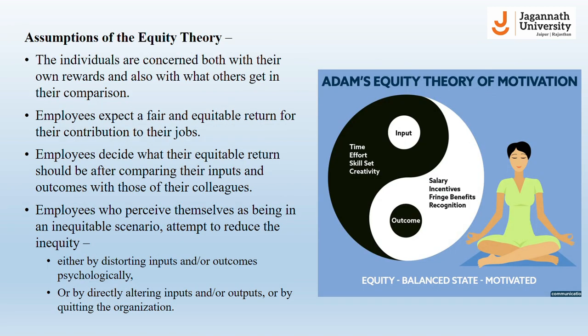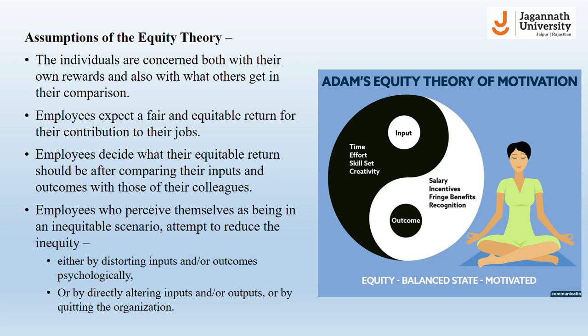Then there are certain assumptions of the equity theory. So what are those assumptions? Individuals are concerned both with their own rewards and also with what others get in their comparison. The next assumption is that employees expect a fair and equitable return for their contribution to their jobs. Employees decide what their equitable return should be after comparing their inputs and outcomes with those of their colleagues.